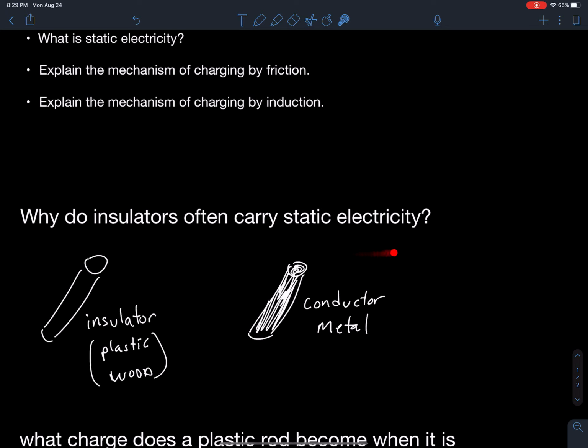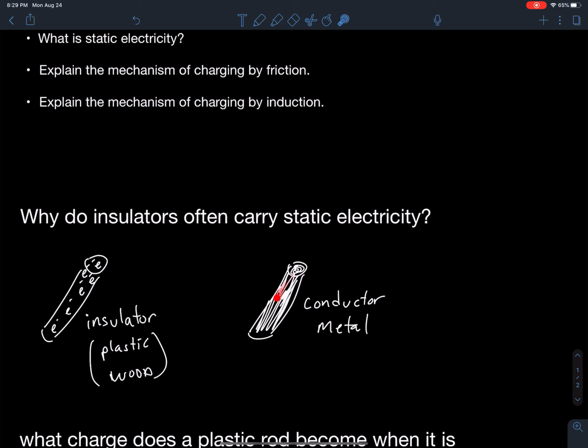Static electricity means electricity that does not move. Well, what is electricity? Electricity is the flow of charge. So on an insulator, we have electricity that doesn't move, and that's generated by adding extra electrons onto the surface of an insulator. On the other hand, I can remove electrons and make it positively charged, but that's a different story. Here that insulator is carrying extra electrons.